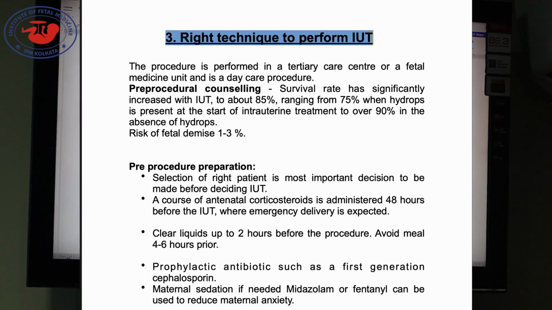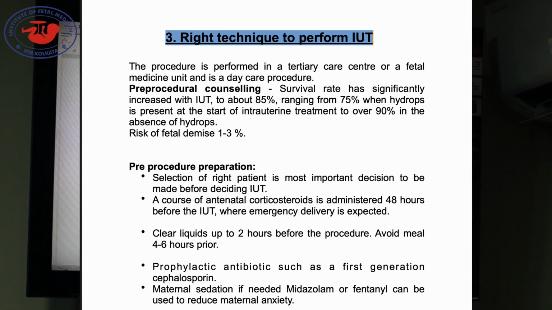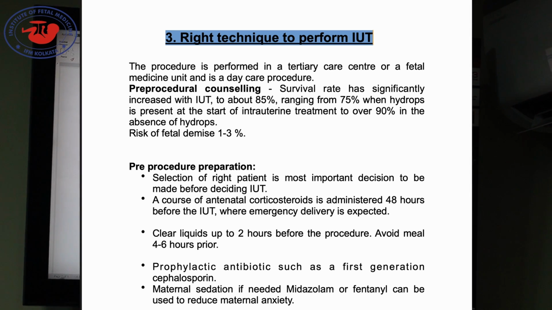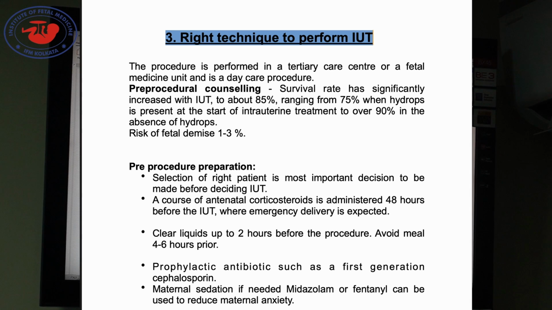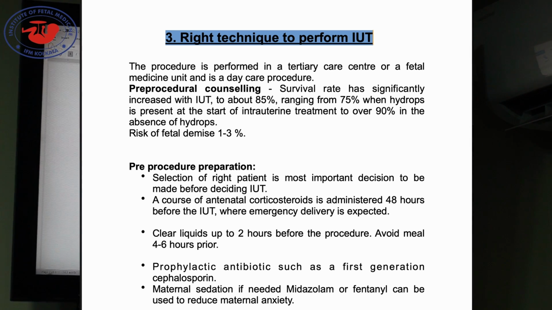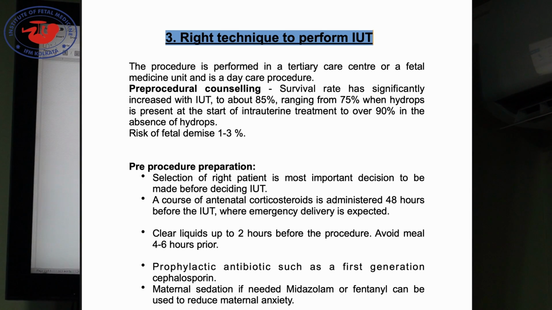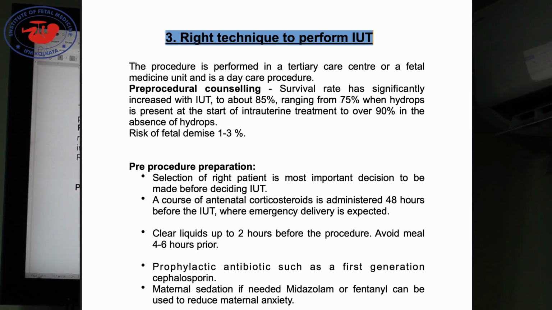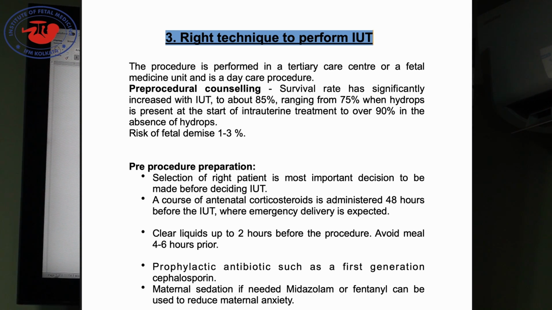Will you tell her this is a magic bullet and I do it and absolutely it will treat it? No. So what are the statistics which you will discuss with the patient during the counseling session? You will discuss that survival rate will increase, and it may be in the range of about 85%, and it decreases with hydrops. If it is hydrops, like Anisha was saying, you have to tell them that the chance that this therapy will be successful is 3 out of 4.